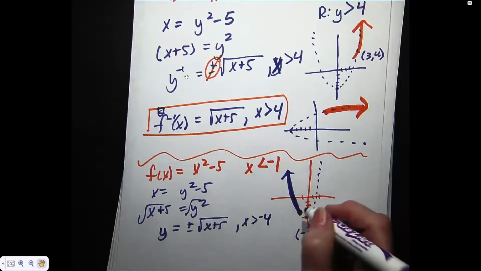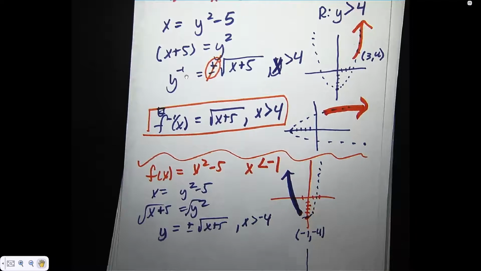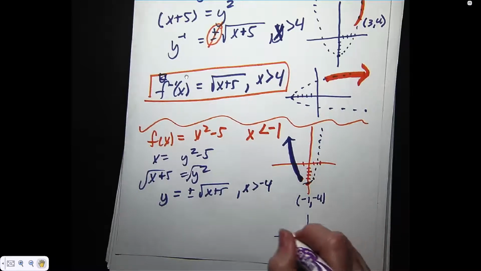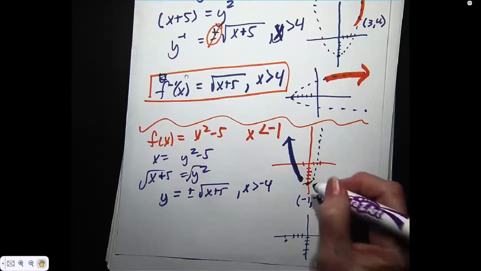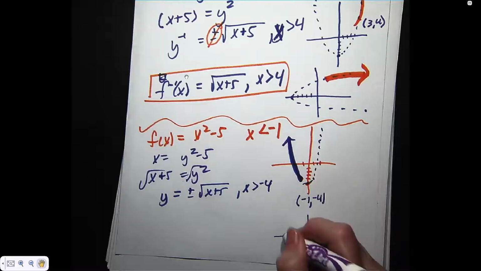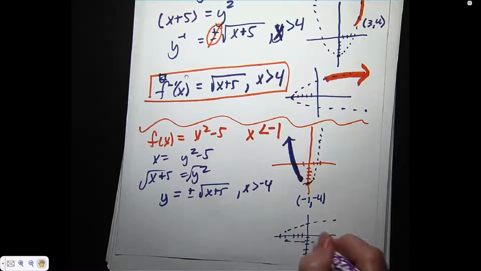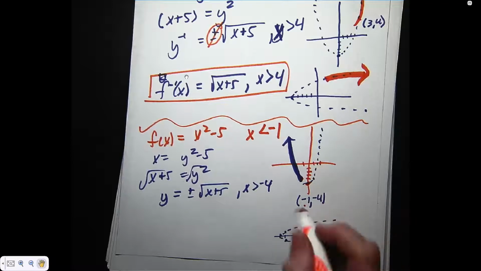Okay, so when you look at the inverse of this graph, I would have the point -4, -1, which would be here, but you know by looking at this that the point -4, +4 would also be on that graph. So you would have this, right? And I need the point -1, -4, or the point -4, -1.